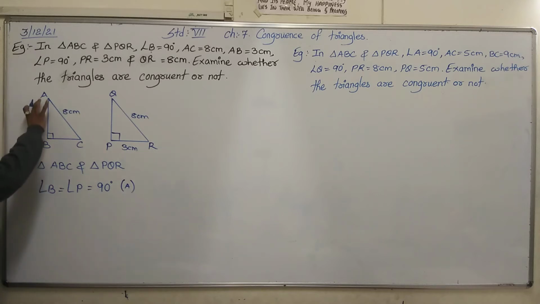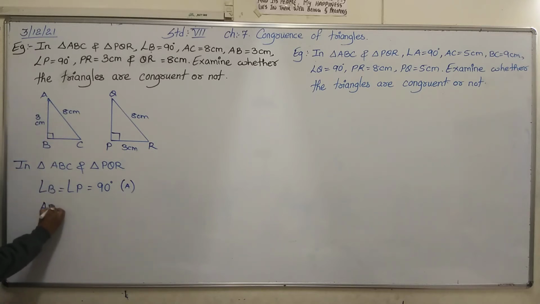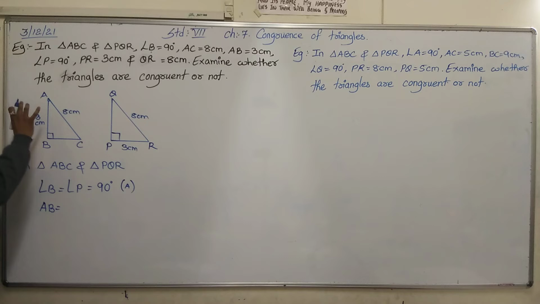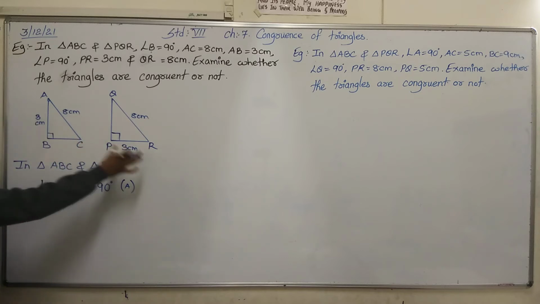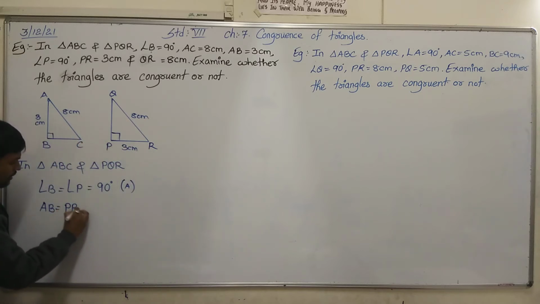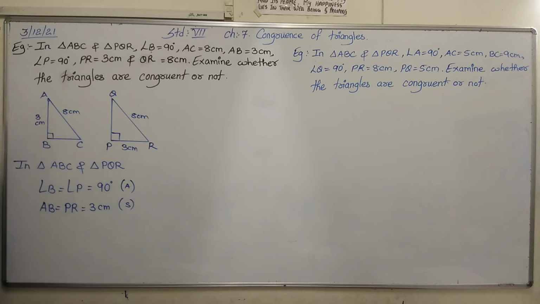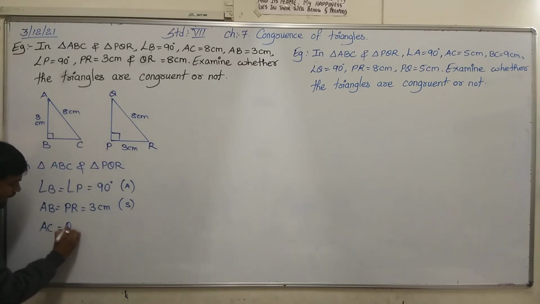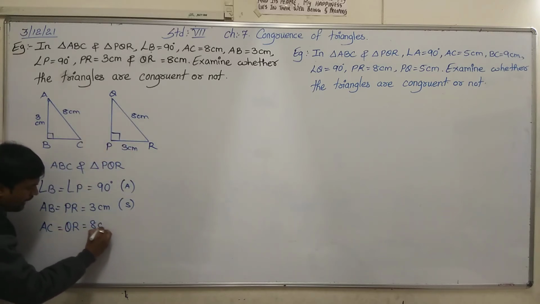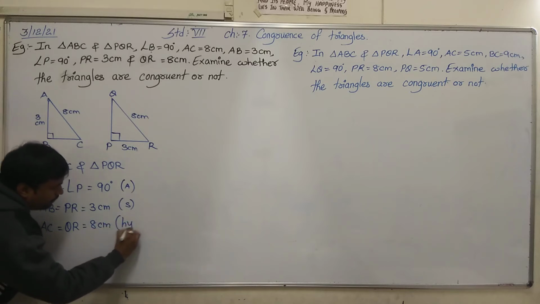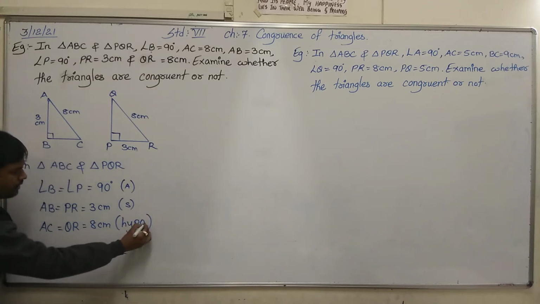Then AB, that is of 3 centimeter. Search for another, PR. That is equal to 3 centimeter. And what is that? One of the sides. AC is equal to what is that? That is actually hypotenuse.